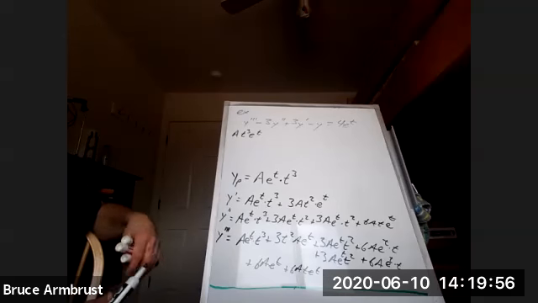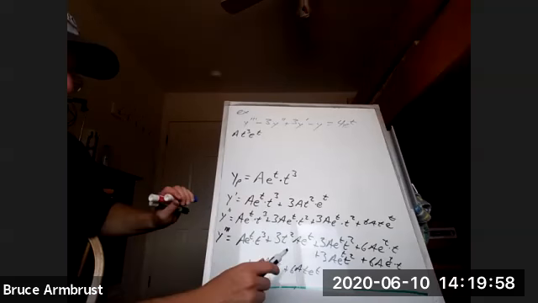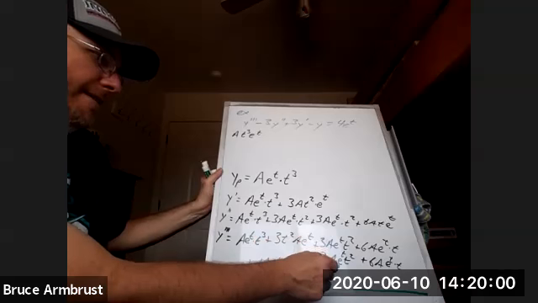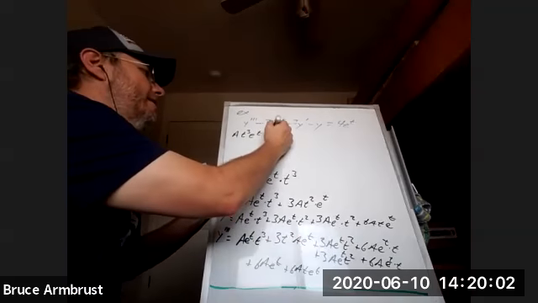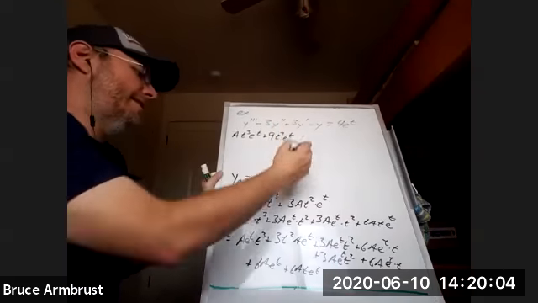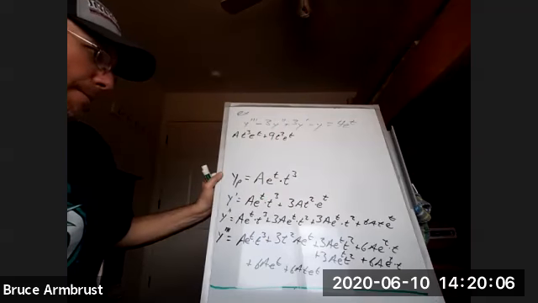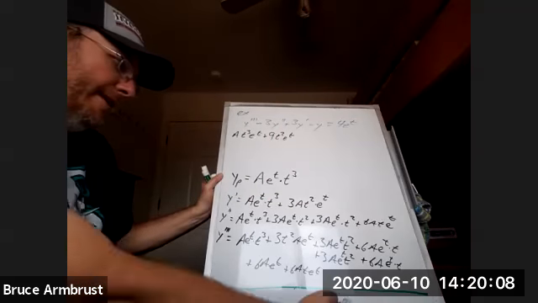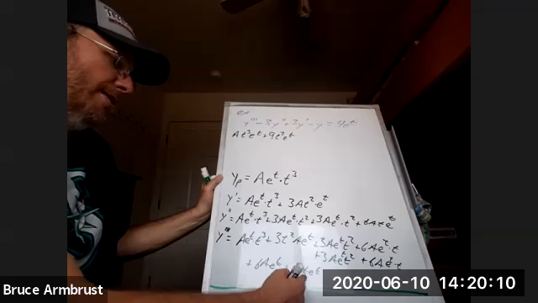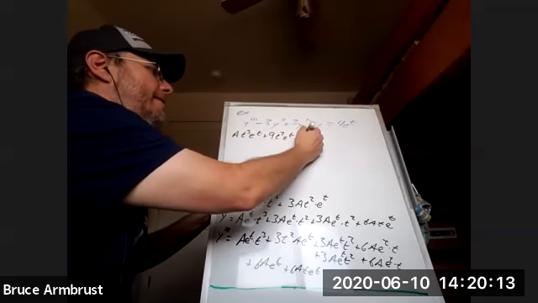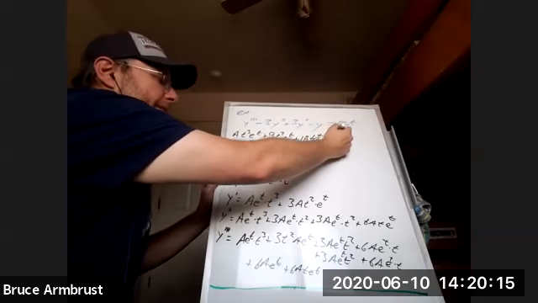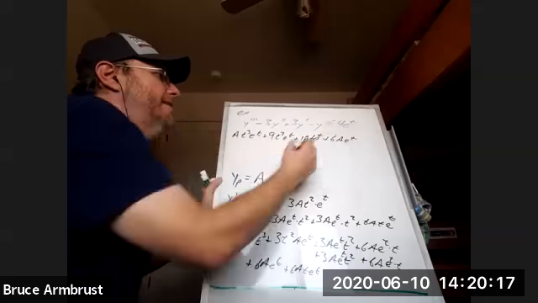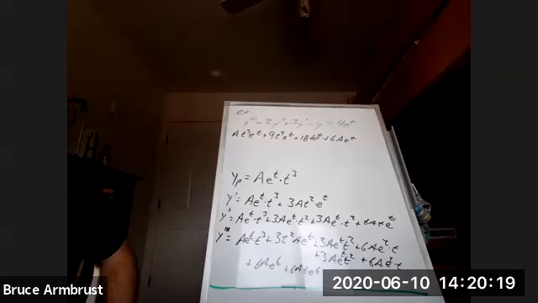So when I combine all that, let's just make sure. I have 3, 6, 9 t squared e to the t. The t bits, I've got 12, 18 t e to the t, and then 6a e to the t. So that was just my third derivative. Oh, good Lord.